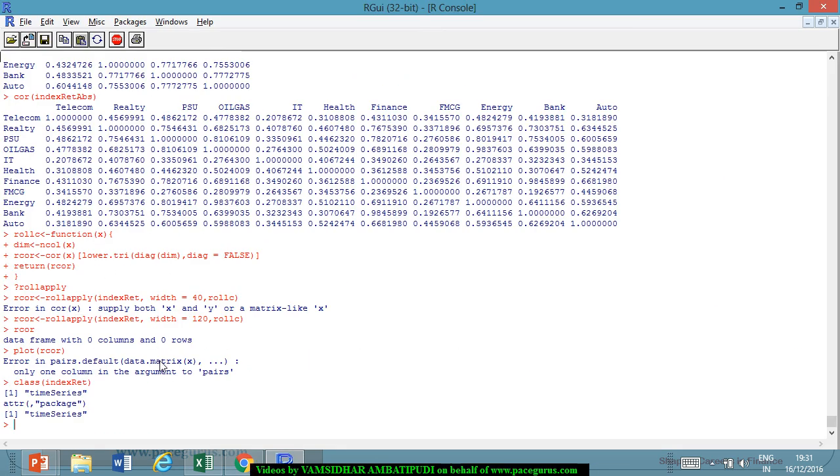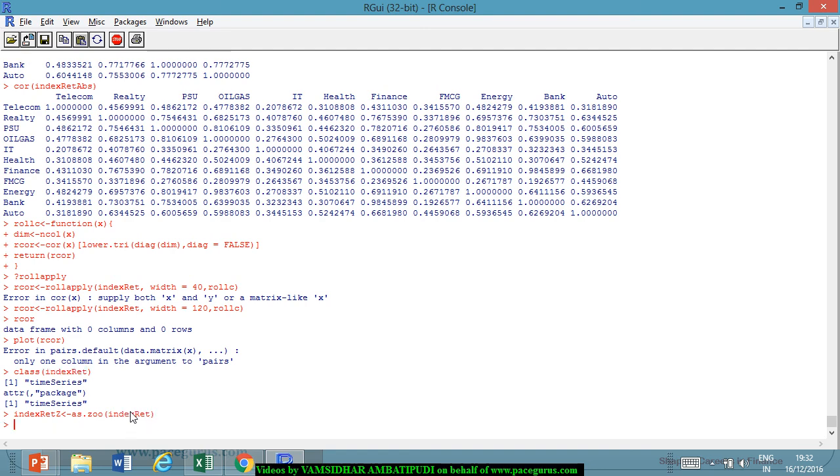This is the problem. So I have to convert this into zoo again. I can say index red zoo as.zoo index red. So I have to convert it to a zoo.